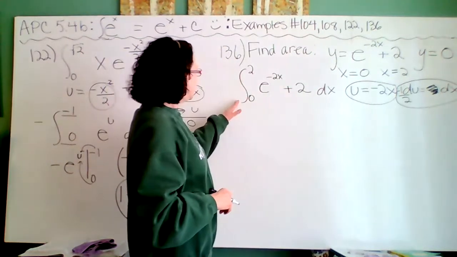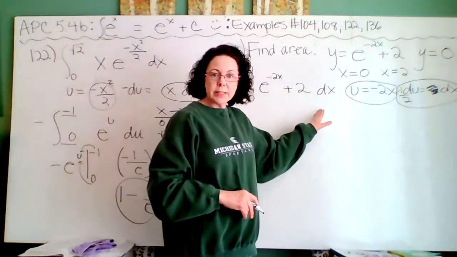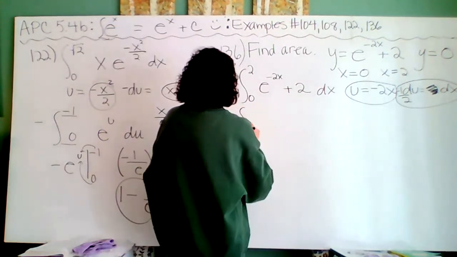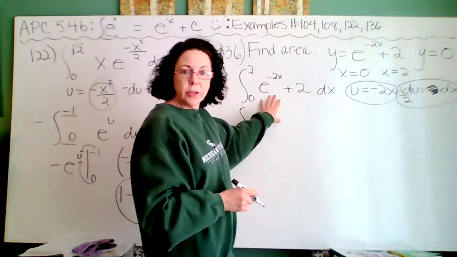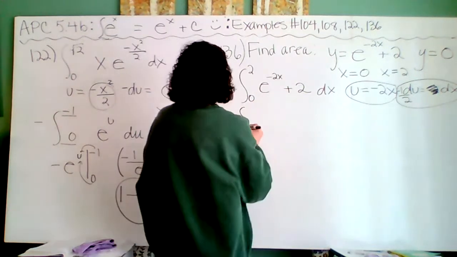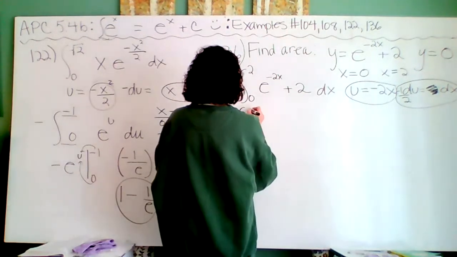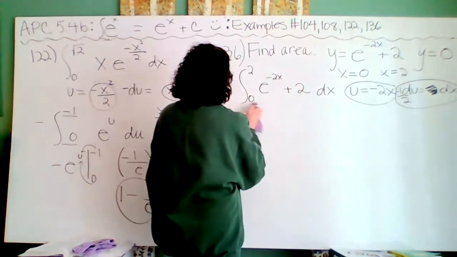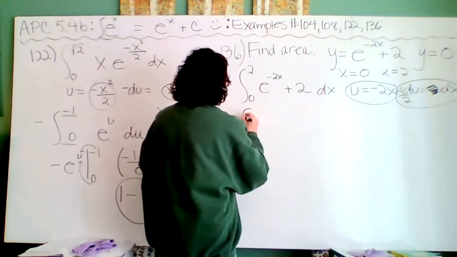So these x's would need to be u's, but these x's would stay the same. So if it's okay with you, here's what I'm going to do. I could integrate with the u's and put the x's back in, but I always choose not to do that. So here's what we're going to do. Okay, a little bigger. Here we go.